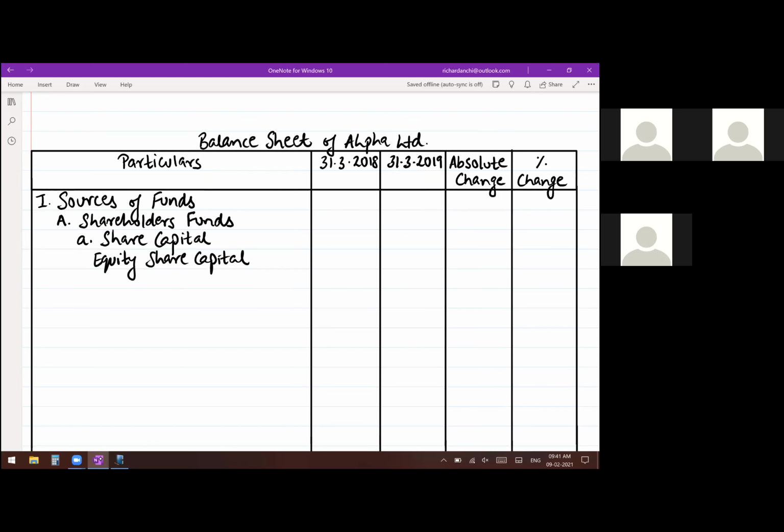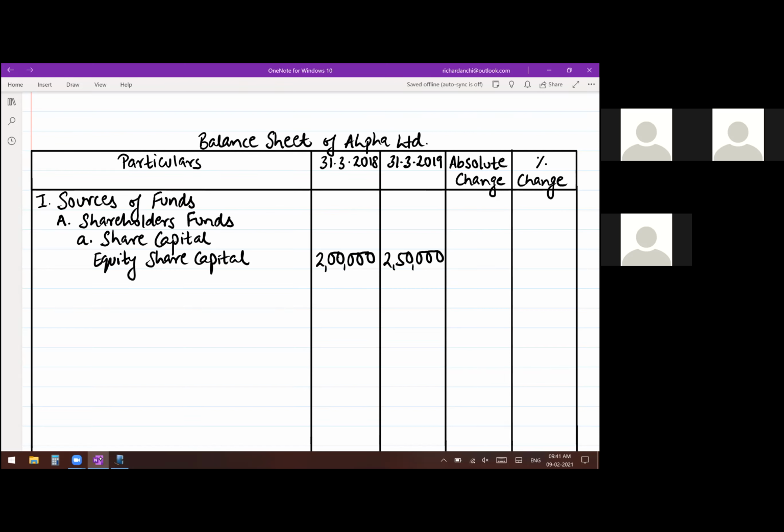Now we can write the amounts. Have a look in the question. Equity share capital for 2018 is 2 lakhs, and for 2019, 2,50,000. Immediately we will also calculate absolute change and percentage change.